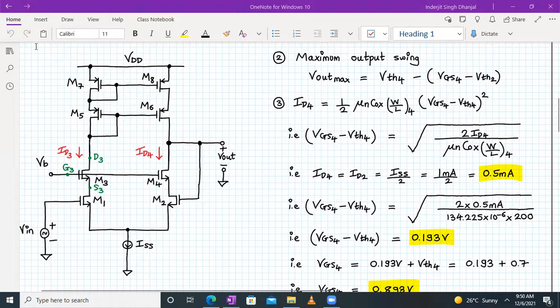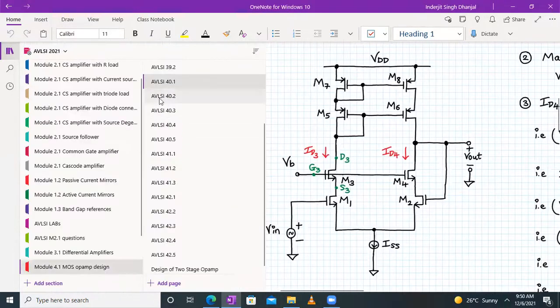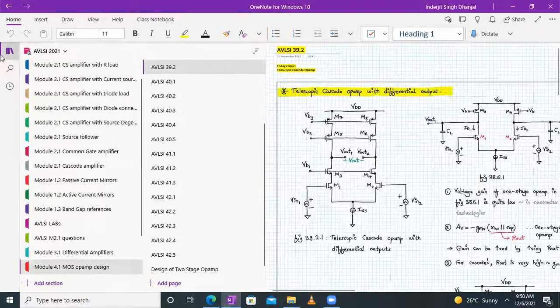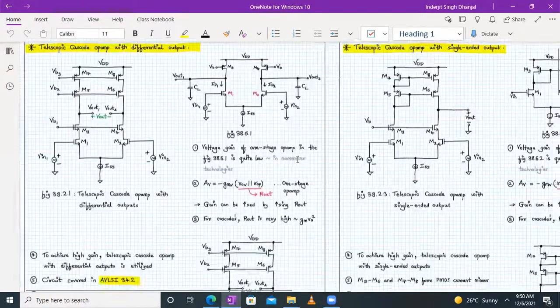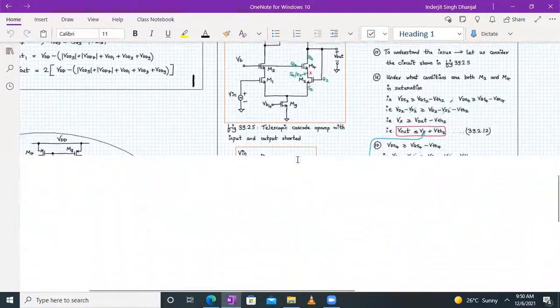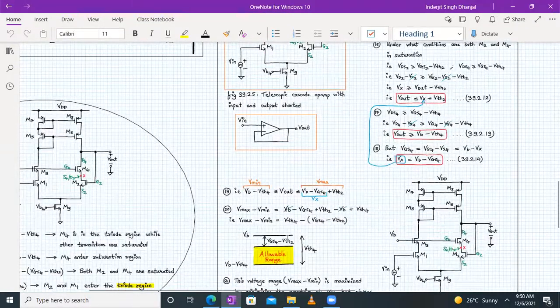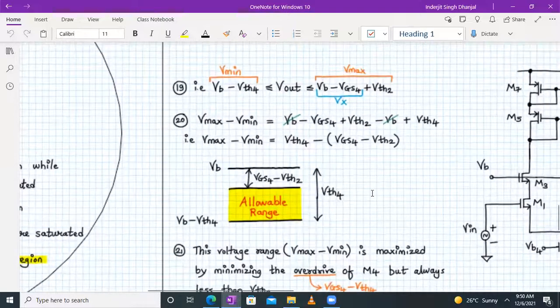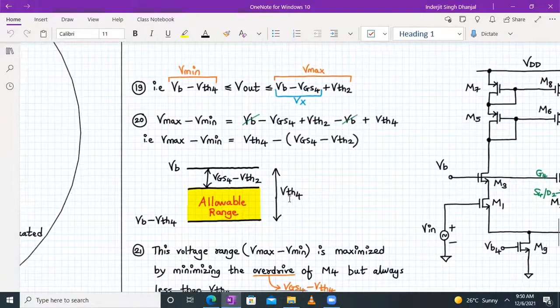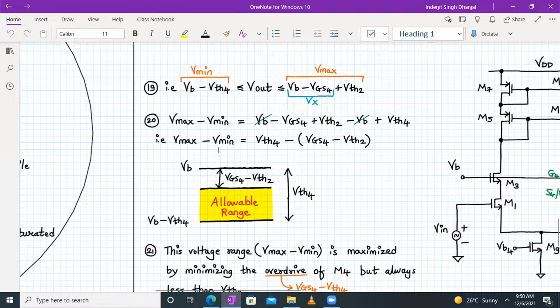So where did we get this from? We got this from the discussion in the last lecture. Let me show it to you. Remember, in lecture number 39.2, we discussed this. For the telescopic cascode op-amp, the output swing is basically VTH4 minus VGS4 minus VTH2.